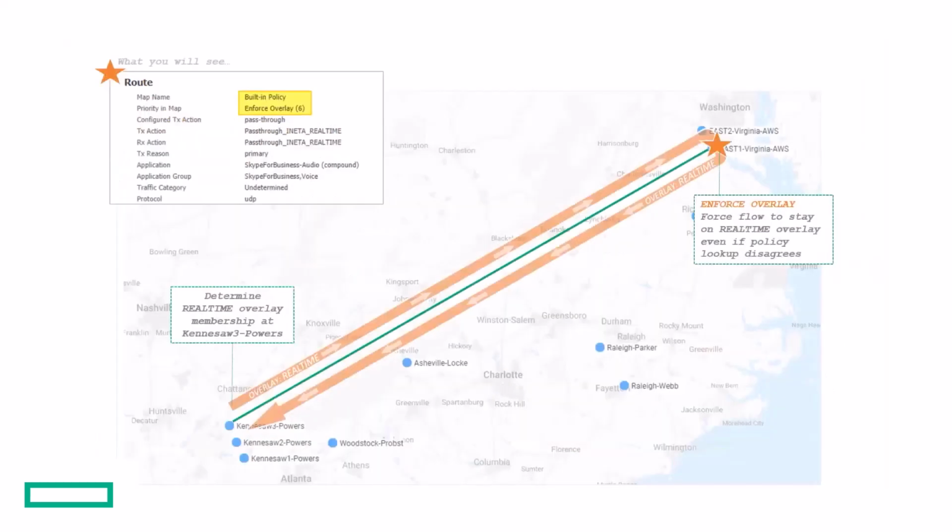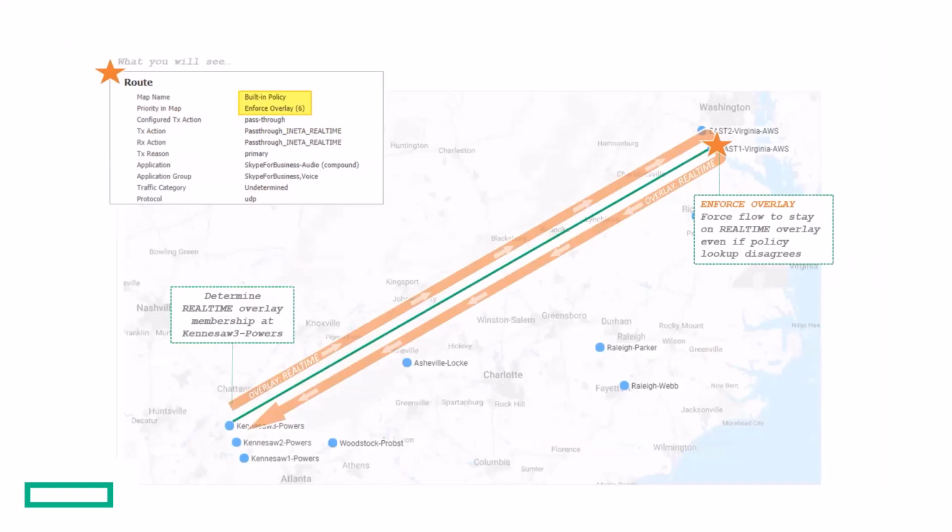So here's a super quick, easy explanation of what's happening. You're doing a voice call, perhaps from Kennesaw 3 to East 1. When that first voice packet comes into Kennesaw 3 on the LAN side, it goes across the fabric to East 1, the top up there, over the real-time overlay.